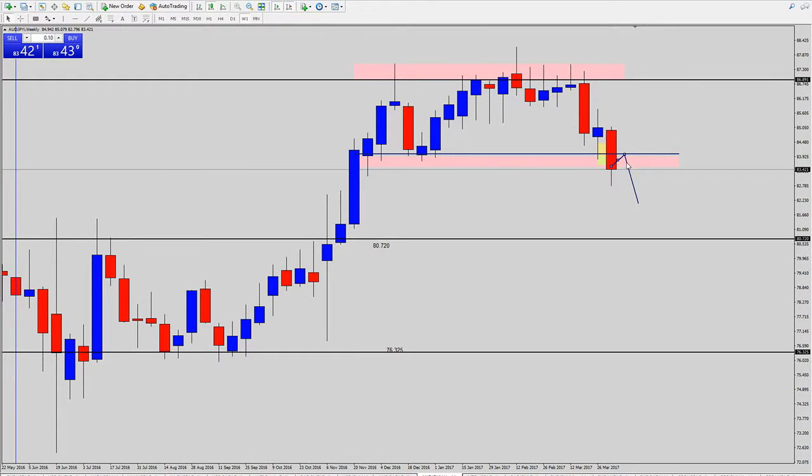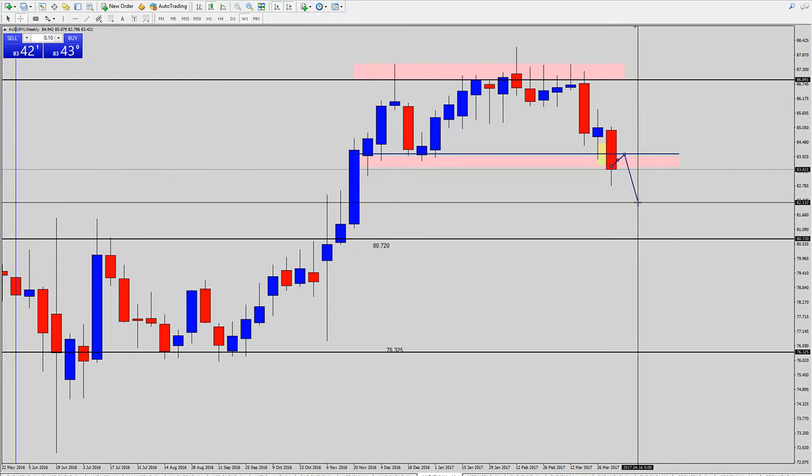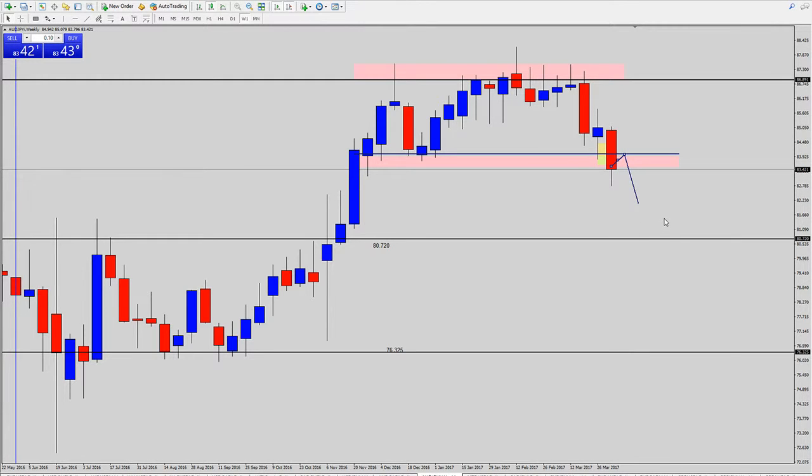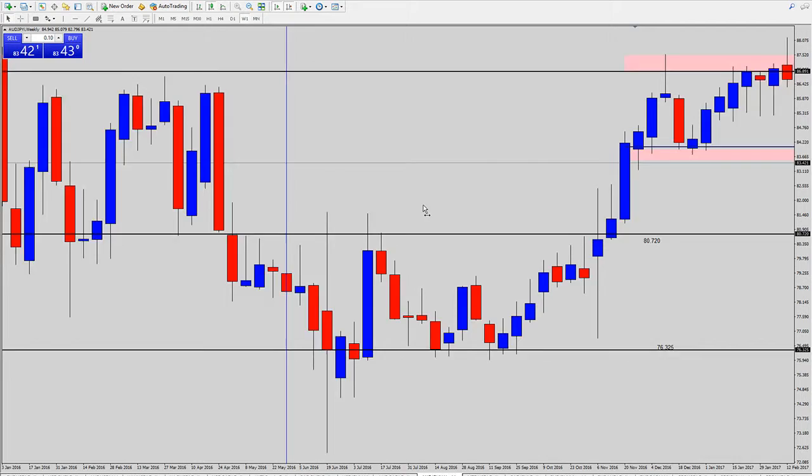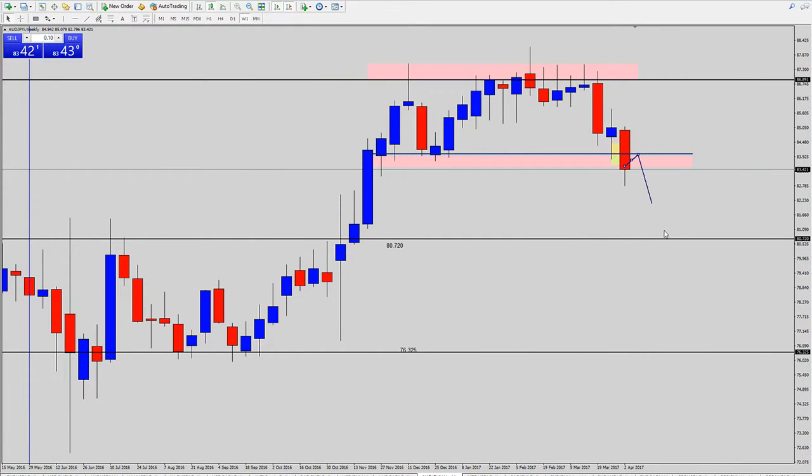Looking at the weekly chart, we got two nice bearish engulfing candles. For those holding long-term sell trades, I'm holding the 80.72 zone as a long target price for this pair. And for those that missed the opportunity, as you see, I drew this trend line right here, and we have a small support area.